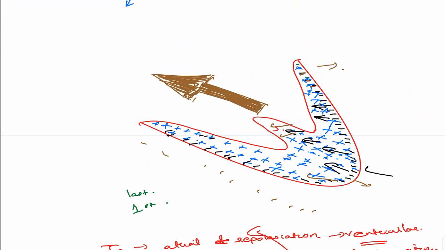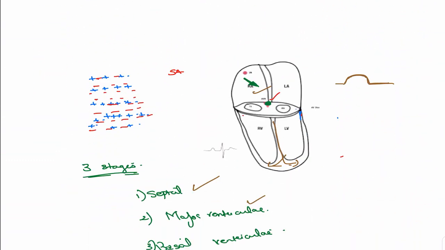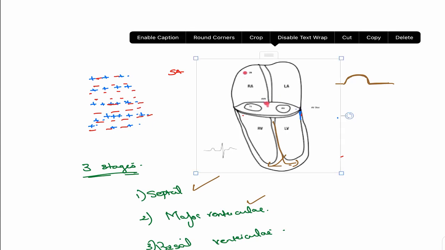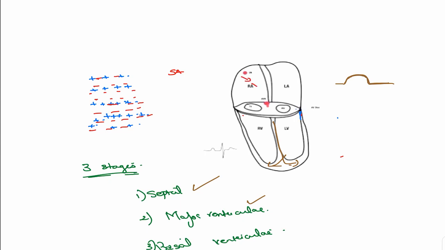What do the P wave and Q signify? We have already learned this when we discussed the basic ECG: the P wave is the spread of impulses, or depolarization, in this direction, and the PR segment is the depolarization of the AV node. So this entire region is the PR interval, that is, the entire depolarization of the atrium and the AV node.